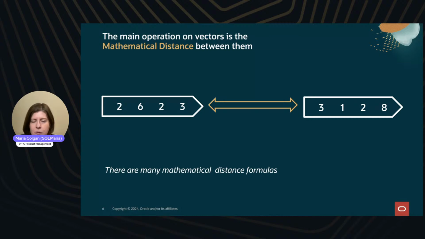These mathematical formulas can be things like Euclidean squared, cosine, dot calculations, things like that. But basically, what is the distance between my vectors? How close are they? Vectors that are close together contain similar content. Vectors that are further apart don't have any similarities. And that's really how this is all done.